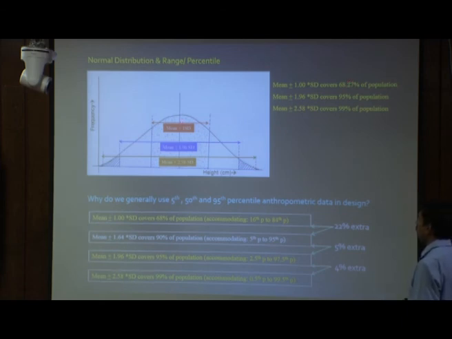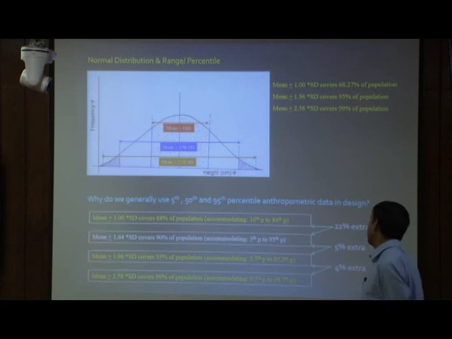Similarly, from the mean value, that midline, if we go almost 2 SD or 1.96 SD, 1.96 times of standard deviation, then from this point to this point, it actually covers 95% of the population. And mean plus minus 2 into standard deviation, it actually covers 99% of the population.